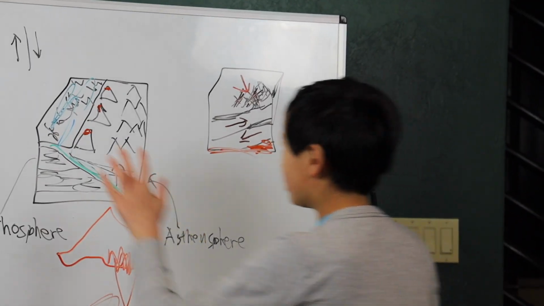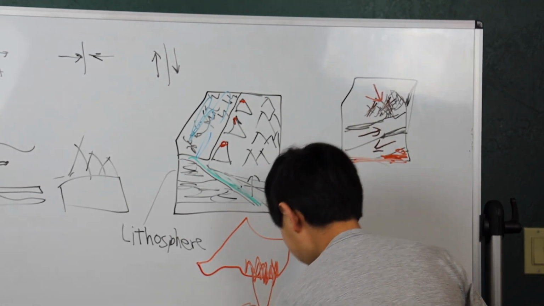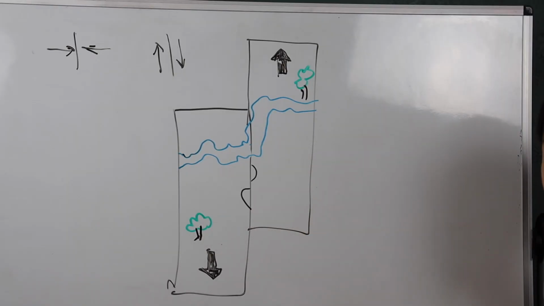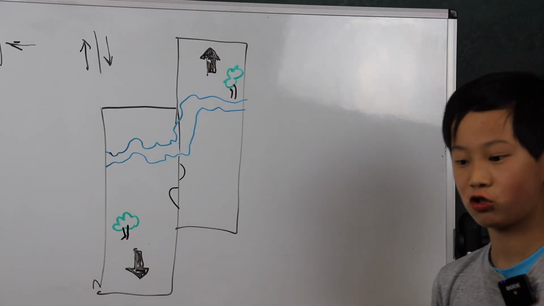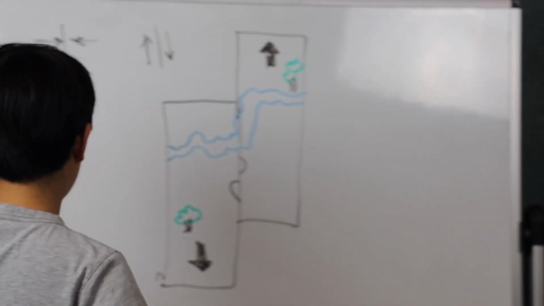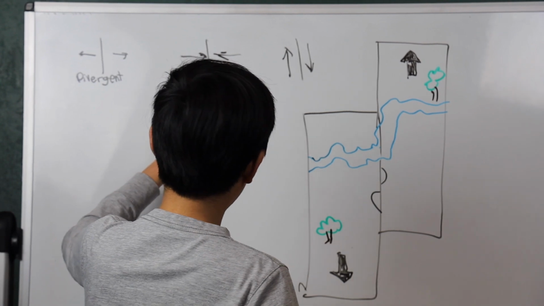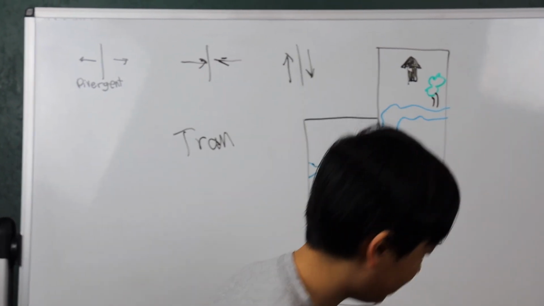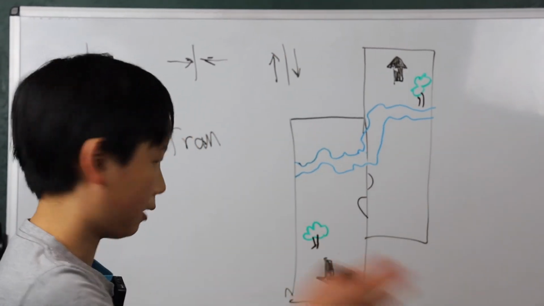Moving on to transform plate boundaries. This is an example of what a transform plate boundary might look like. Transform basically means one plate's going this way, the other plate's going that way, and they rub against each other.